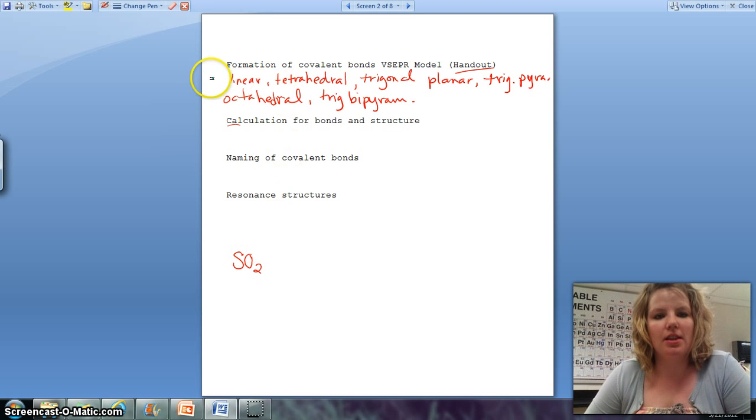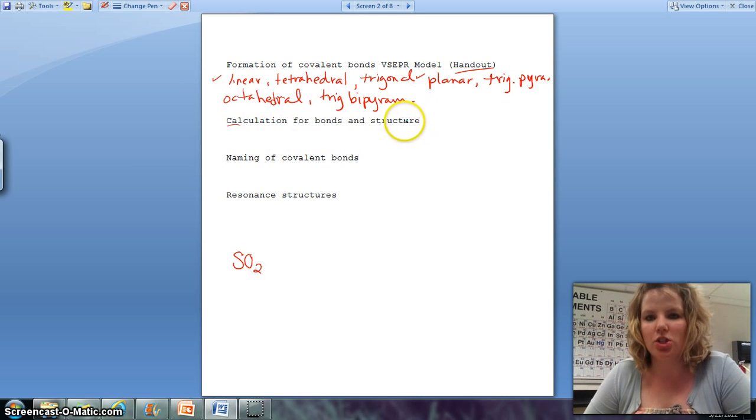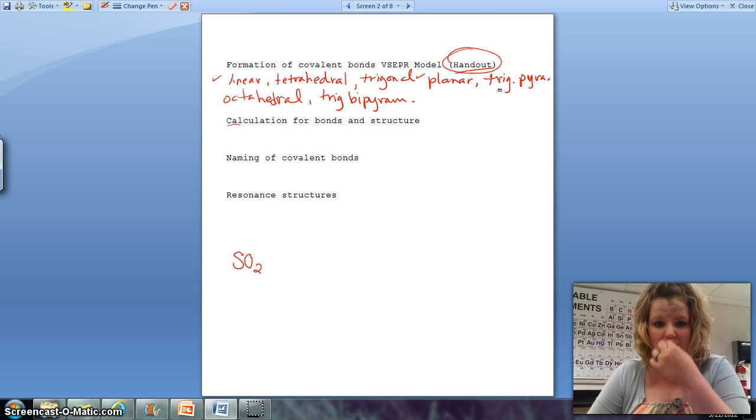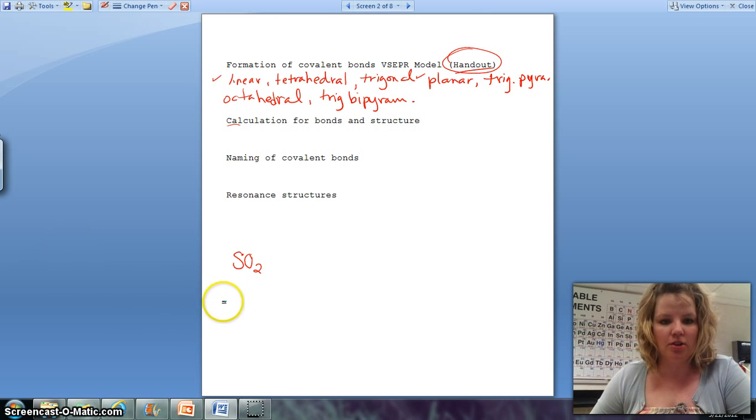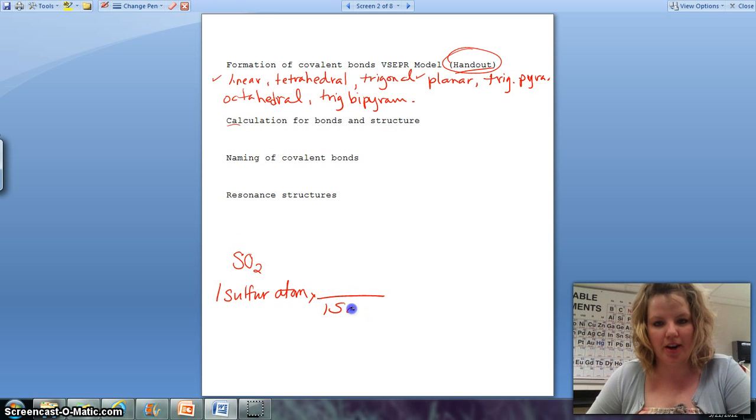So it either can be linear or trigonal planar. Those are only 2 options. So you need to know that handout to be able to figure that out. So we would go ahead and do our calculation. We'd say 1 sulfur atom, because there's only 1. And in 1 sulfur atom, there are 6 valence electrons.